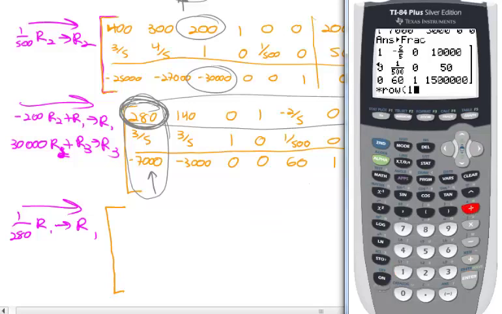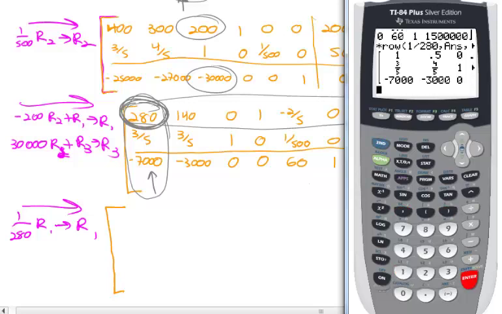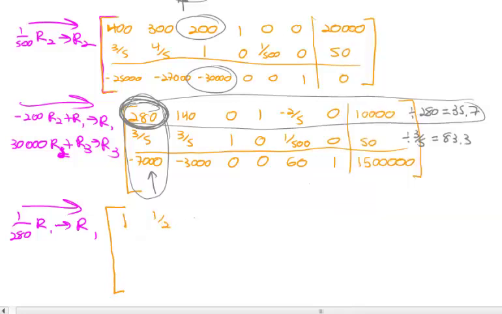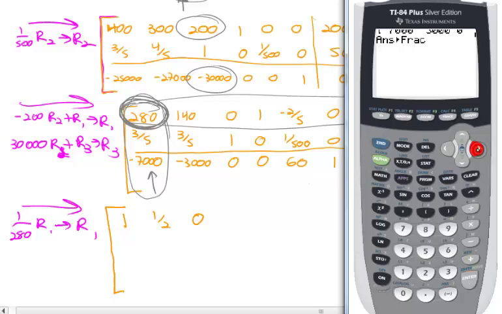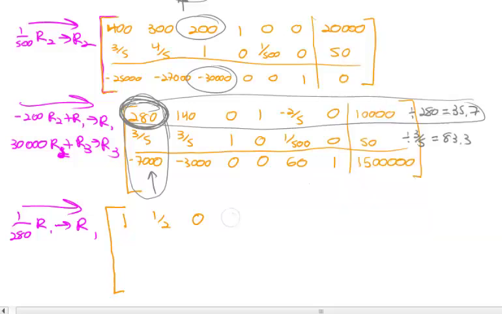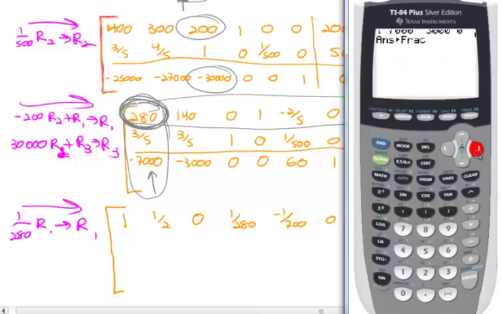And we're going to do 1 over 280, comma, times the previous answer, comma, in row 1 only, close the parentheses, and we get some decimals, so I'll hit math fraction so that I can see. So that first row is 1, 1/2, 0. 1 over 280, negative 1 over 700, 0. And then finally it's 250 over 7.